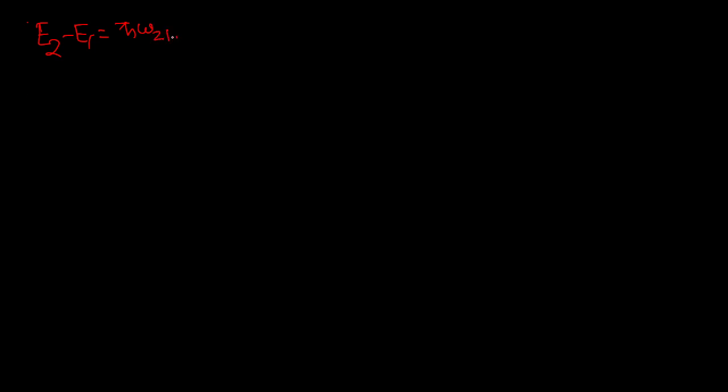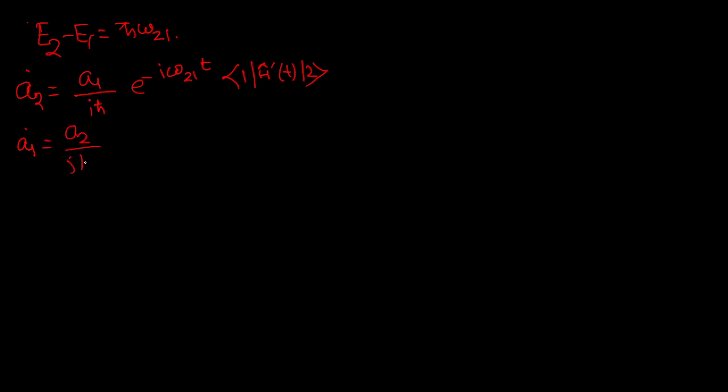Okay, so A2 dot you can write as this. Now this thing is Hermitian.